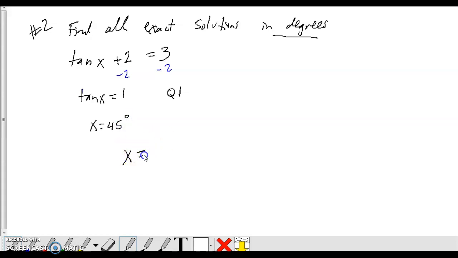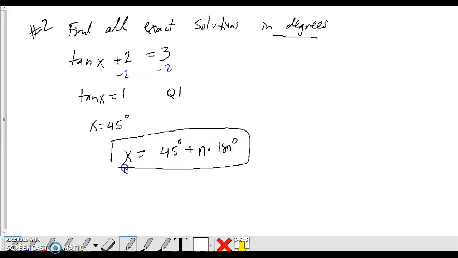So my answer will be 45 degrees plus n times my period length, 180. If I went around, 45 plus 180, I'm going to get 225 degrees, which would be my third quadrant.